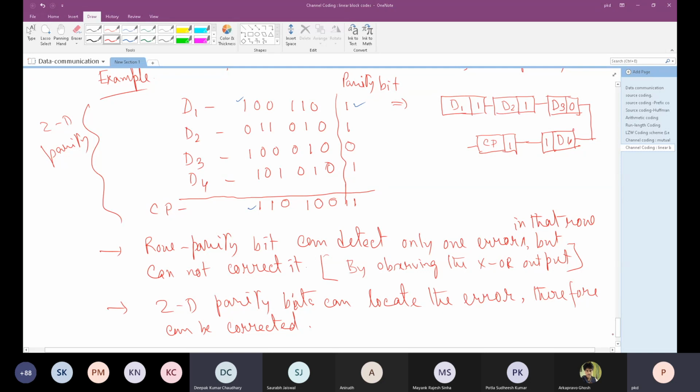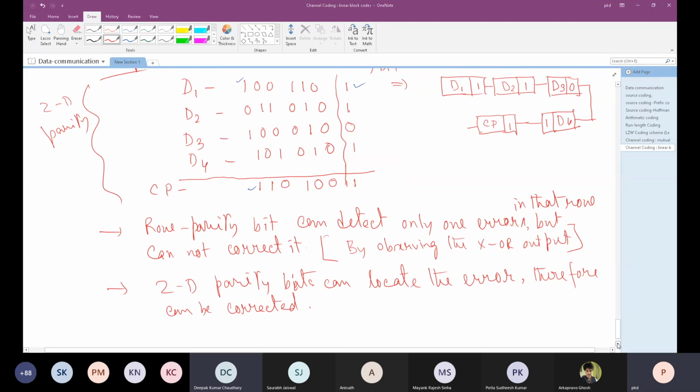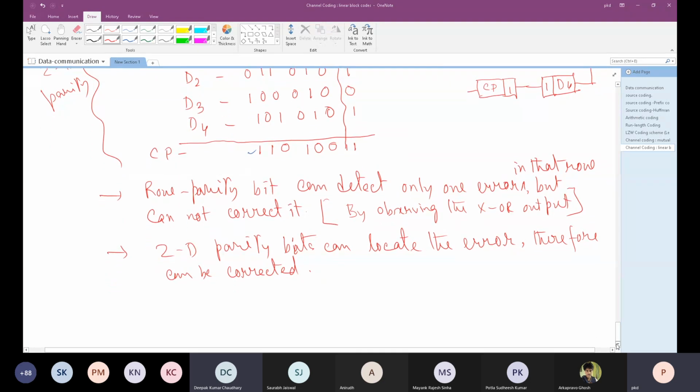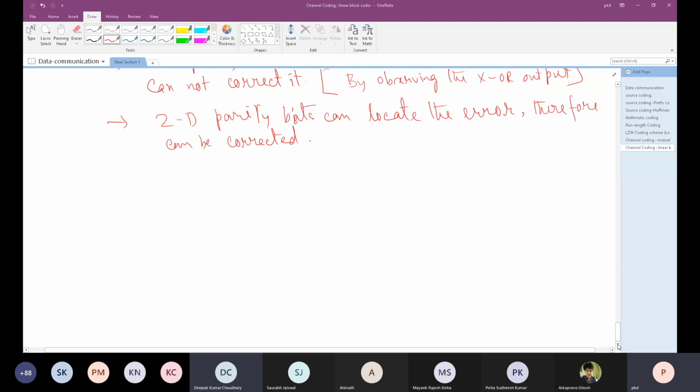Hamming actually was the pioneer of this concept of error code design and error correcting. There are many other error correcting codes, but we don't have that much time to discuss all those, just the basic concepts only we are discussing.